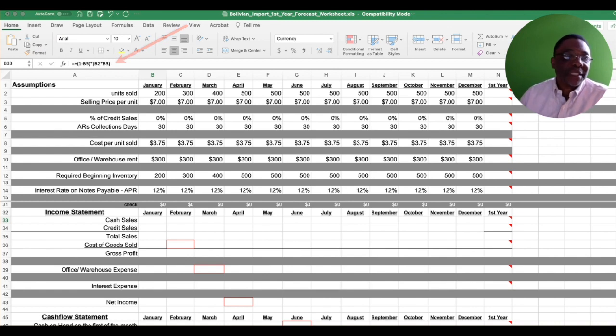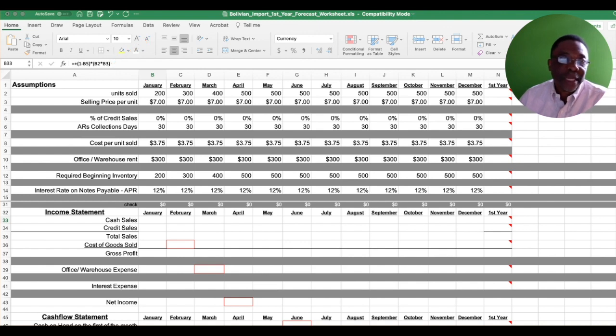Now the formula in this cell is parentheses 1 minus B5 times B2 times B3. B2 is the number of units that will be sold in January, and B3 is the selling price of those coffee grinders in January. So B2 times B3 are going to give us the total sales.